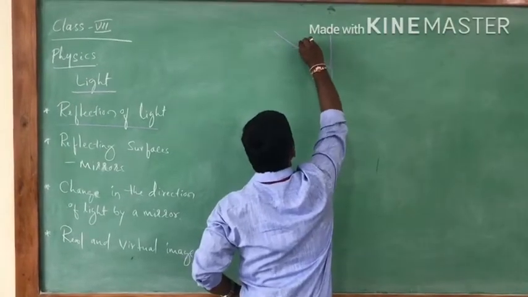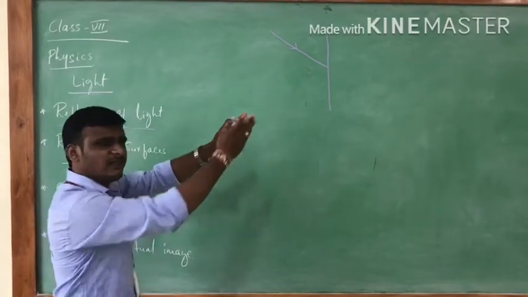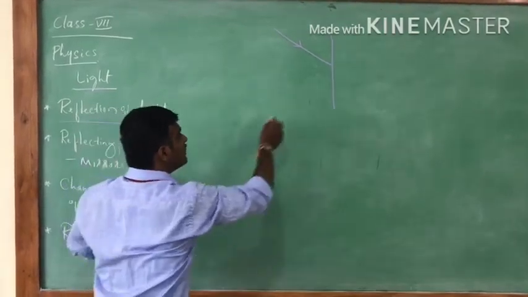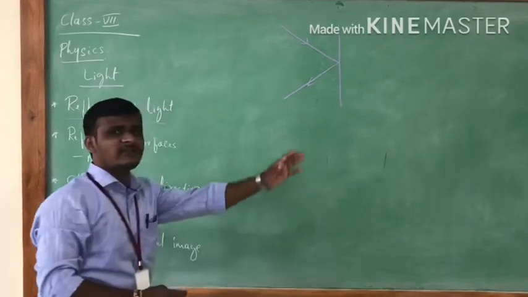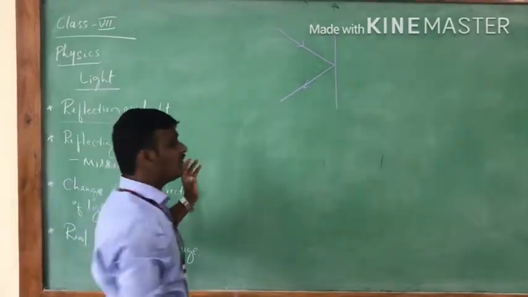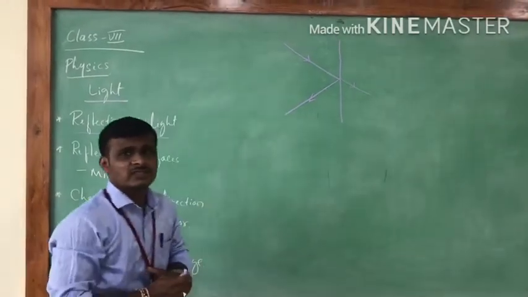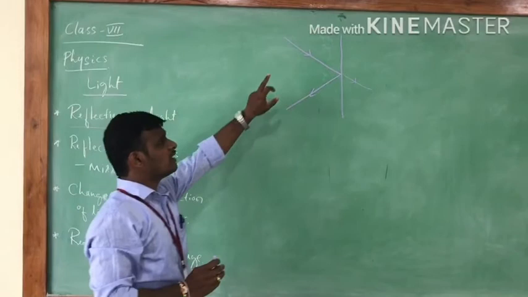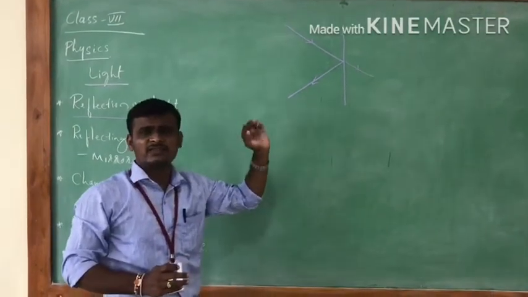This is the incident ray. If this light bounces back, it is reflection of light. Otherwise, if it goes straight, it is not reflection of light. The bouncing back of light is called reflection of light.